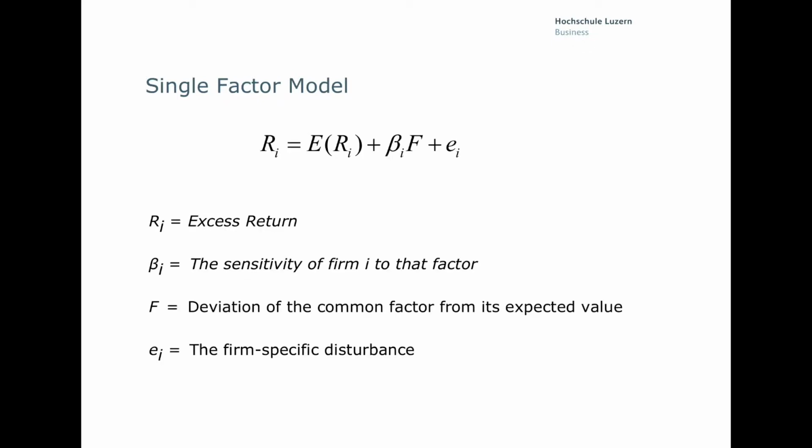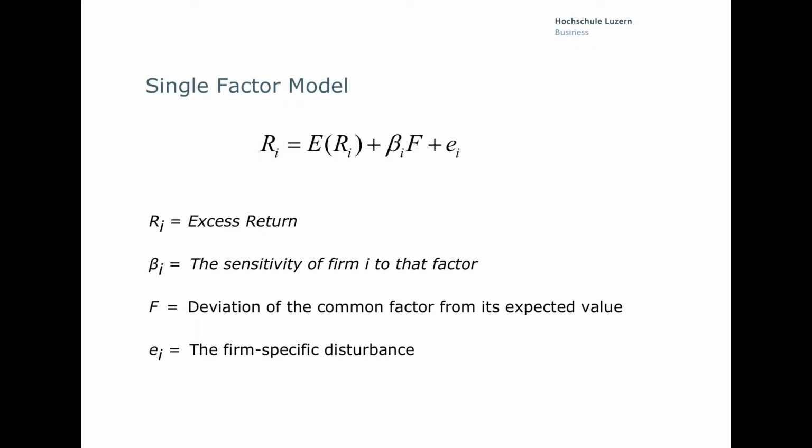The single factor model. Formally, the single factor model of excess returns is described by the formula below, where the expected excess return plus the beta times the factor plus the firm-specific disturbance equals the excess return.